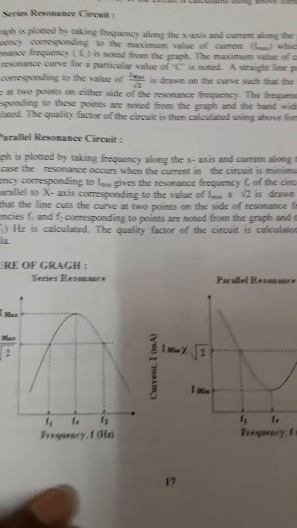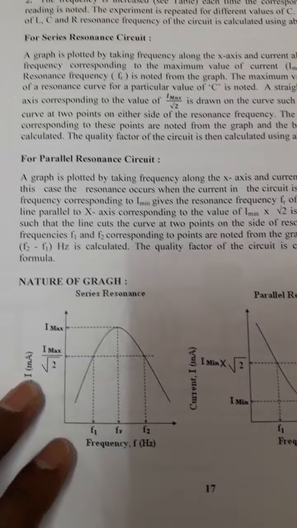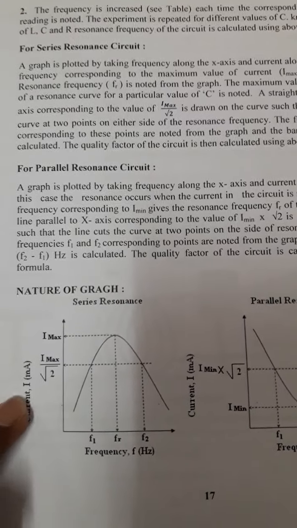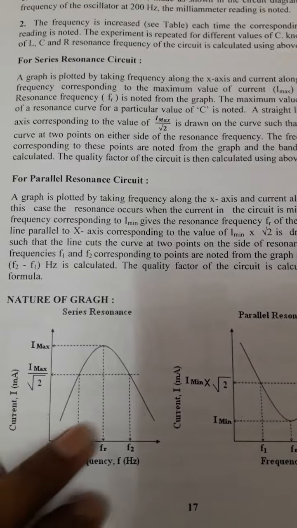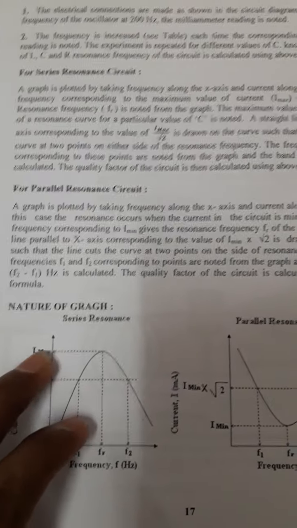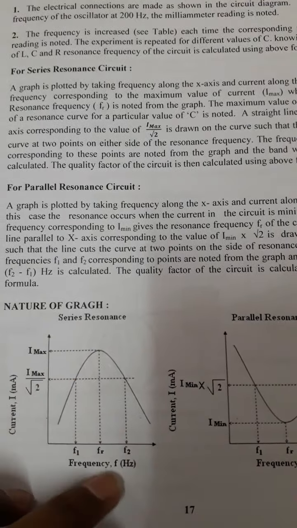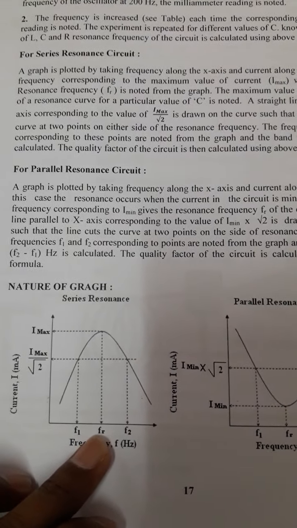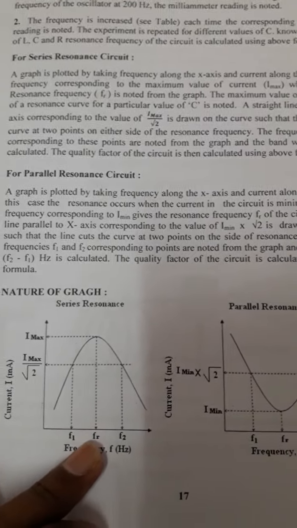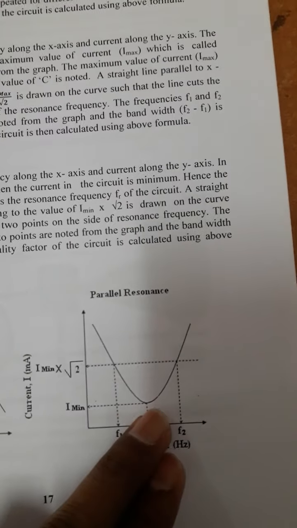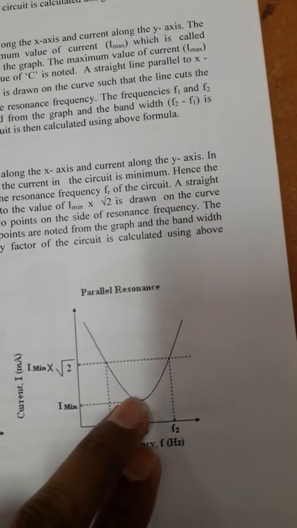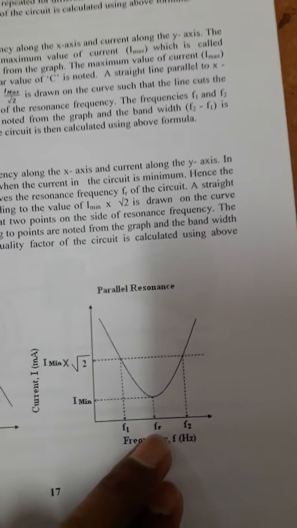These are the natures of the graphs. After getting the values, we are going to plot current versus frequency. For series, where we get the maximum current, the corresponding frequency we call the resonance frequency. For parallel, the frequency corresponding to the minimum current is taken as the resonance frequency.